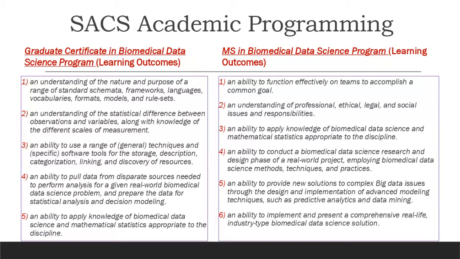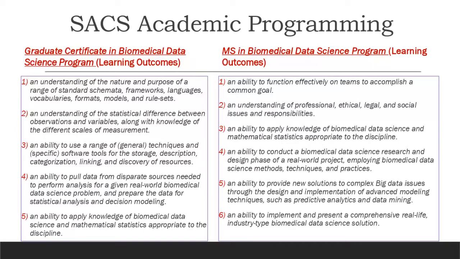You will get an understanding of the nature and purpose of a range of standard schema, frameworks, programming languages, vocabulary, formats, models, and rule sets, an understanding of statistical difference between observations and variables, along with knowledge of the different scales of measurement, an ability to use a range of techniques and software tools for the storage, description, categorization, linking, and discovery of resources, an ability to pull data from disparate sources, an ability to apply knowledge of biomedical data science and mathematical statistics appropriate to the discipline.